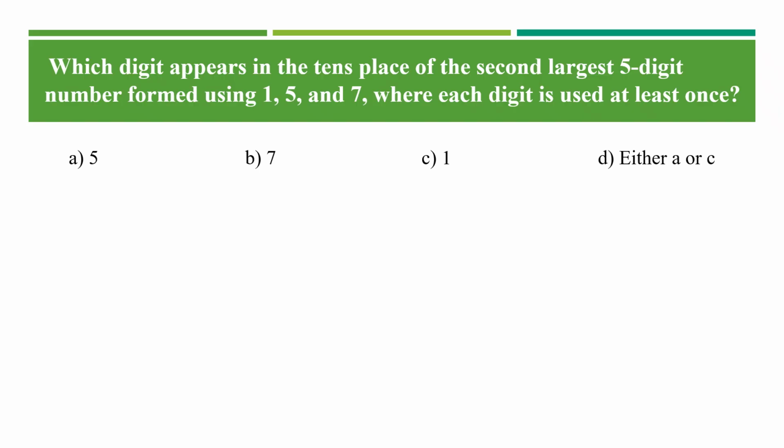The next question is, which digit appears in the tens place of the second largest 5-digit number? Wait a minute, second largest 5-digit number. And they have mentioned the number using 1, 5, 7, where each digit is used at least once. Let me go with a 5-digit number. Since it's the largest number, let me say 77751 is the largest number. But the question is all about the second largest.